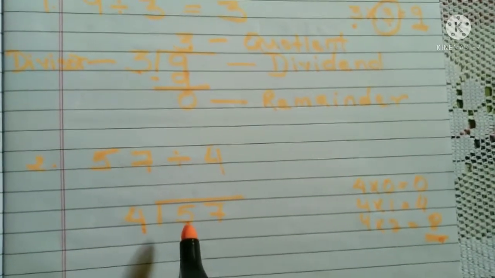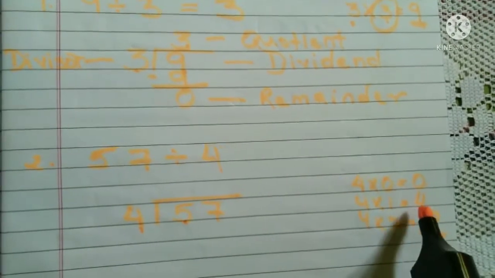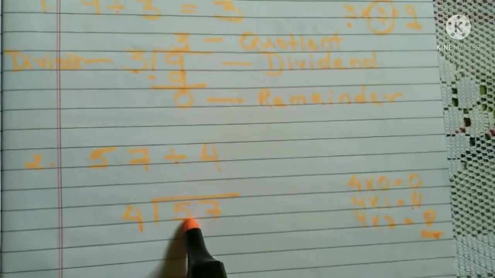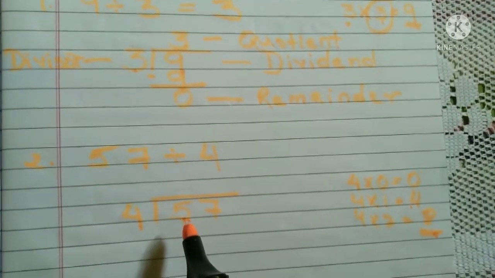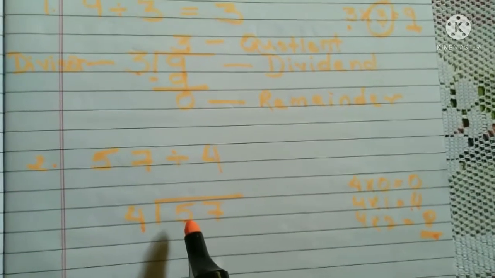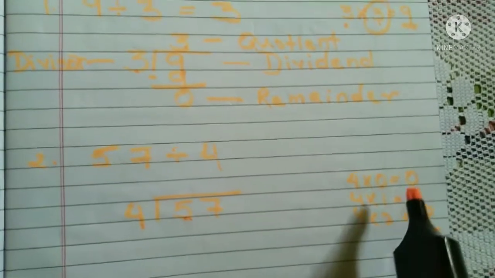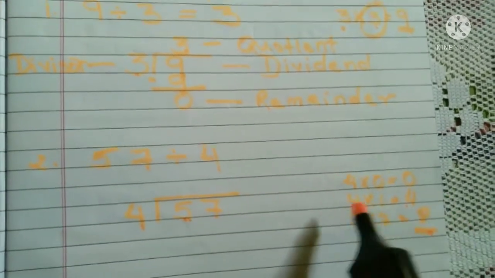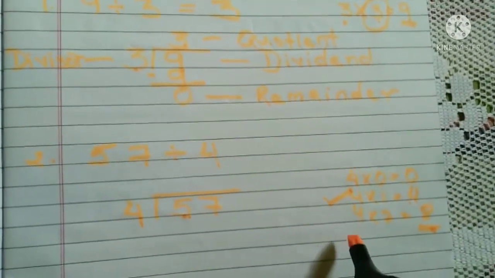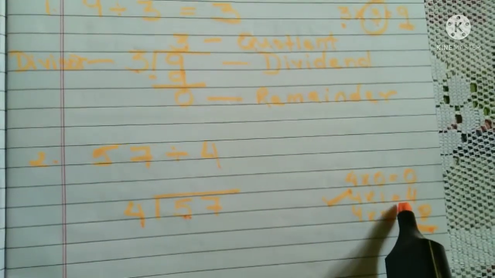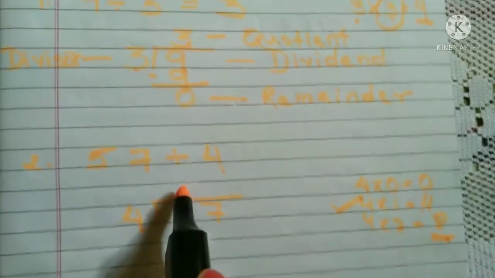We need to take the number which is smaller than 5 or else equal, but we cannot find 5 in 4's table, so we need to take 4 into 1 equals 4, that is 4 ones are 4.